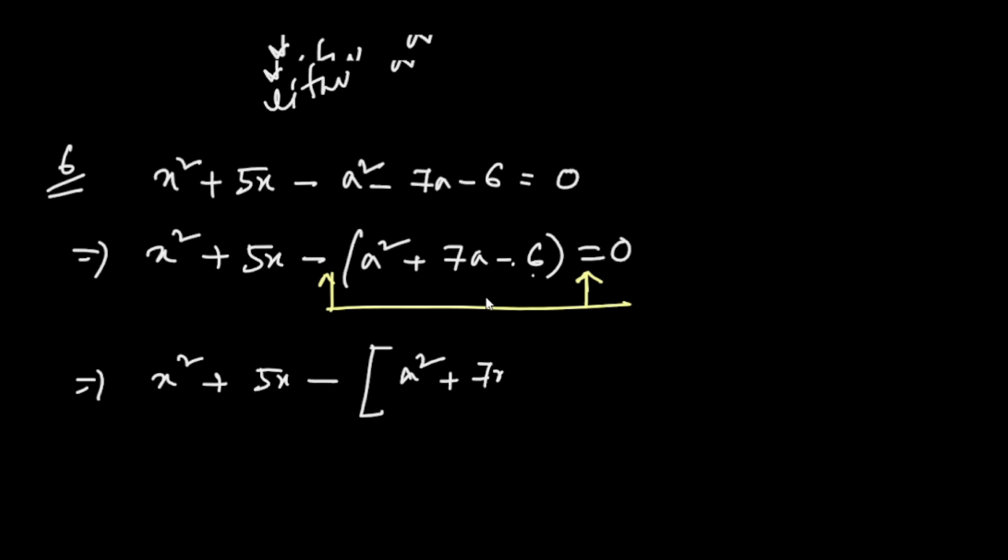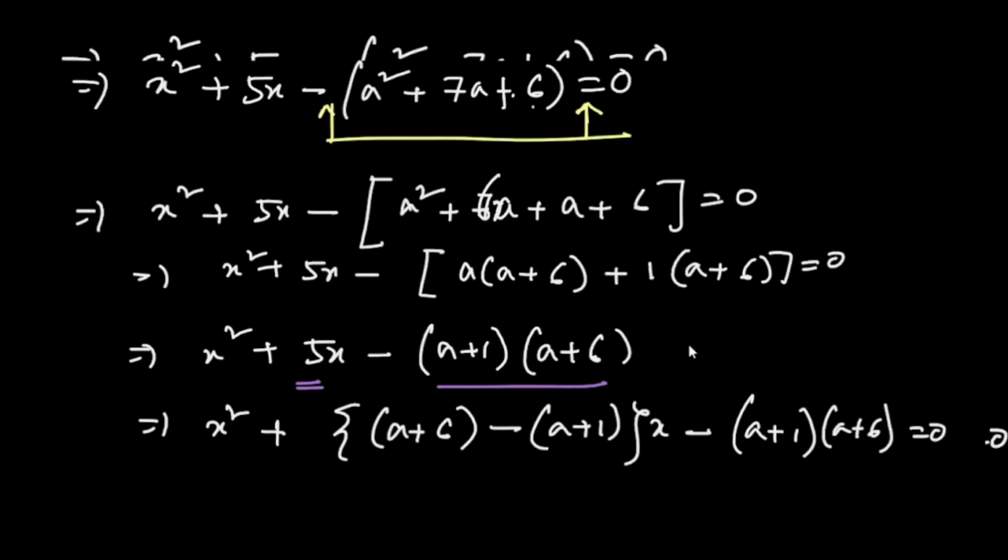Once we get this, now our work is to represent this 5 using these two terms. So it's very obvious, you can see from here, like (a plus 6) minus (a plus 1). If we represent it in this way, then 5 is coming, like x square plus (a plus 6) minus (a plus 1), we are getting 5 into x, and here the rest of the terms, (a plus 1) into (a plus 6), that is equal to 0.